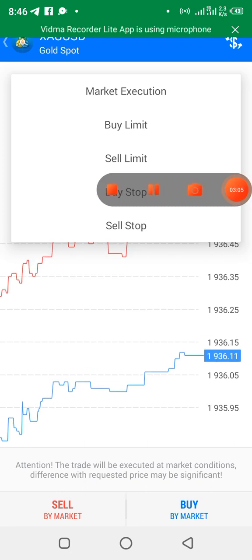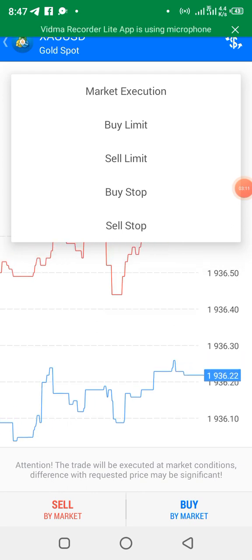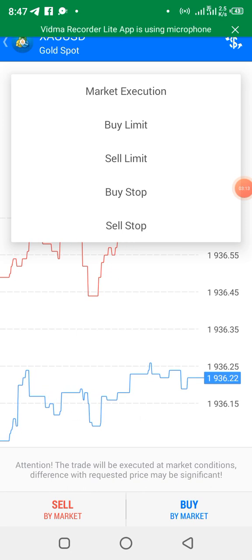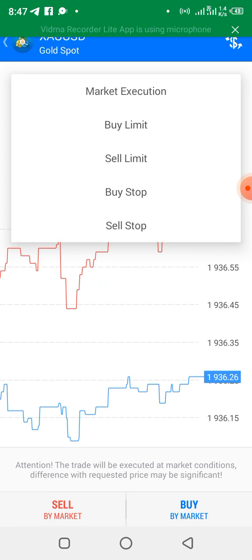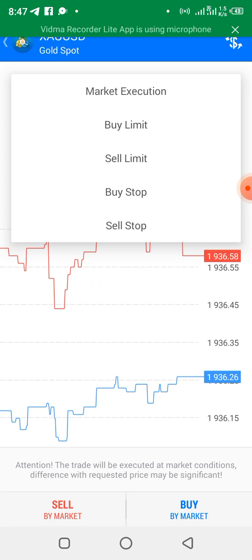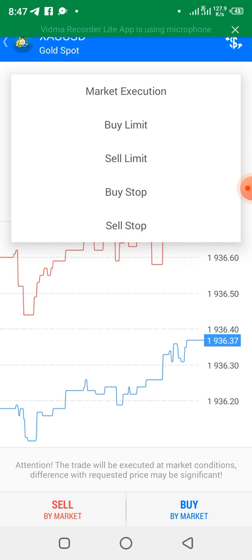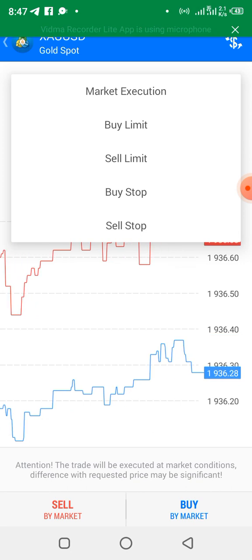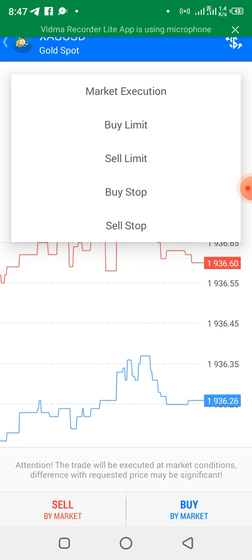Remember that, like we said in the last video, we have limit orders and stop orders. In limit orders there are two types: buy limit and sell limit. But generally, a limit order is an order that is placed in anticipation that the market will change direction.